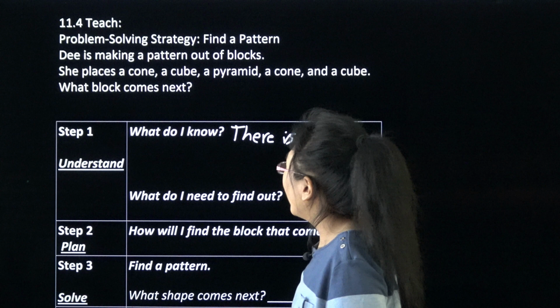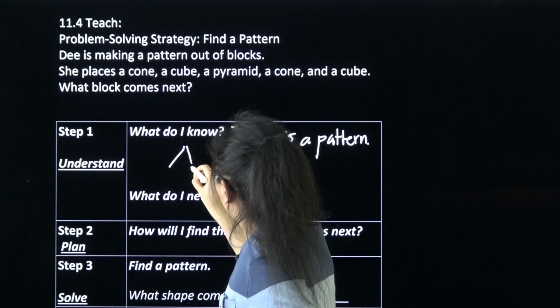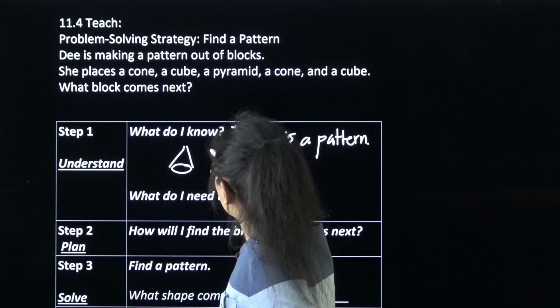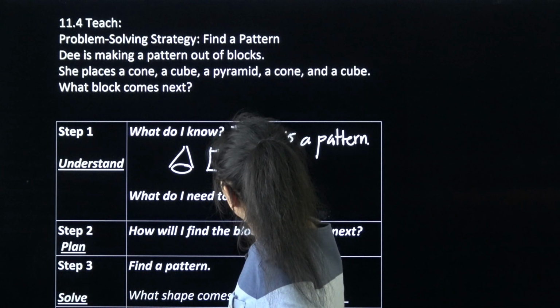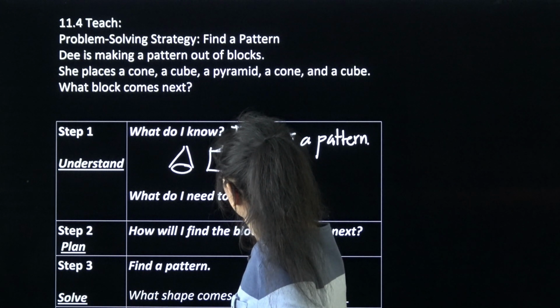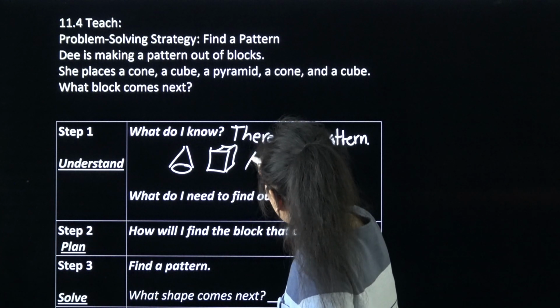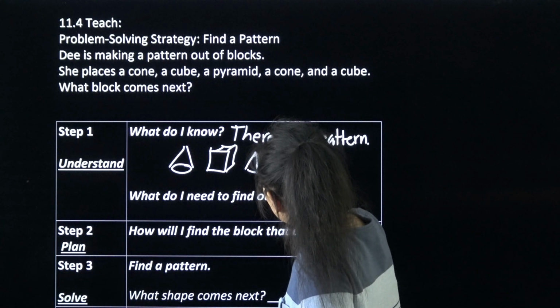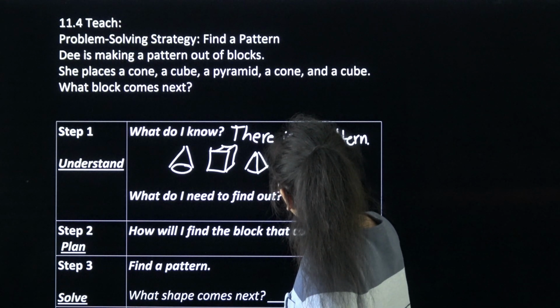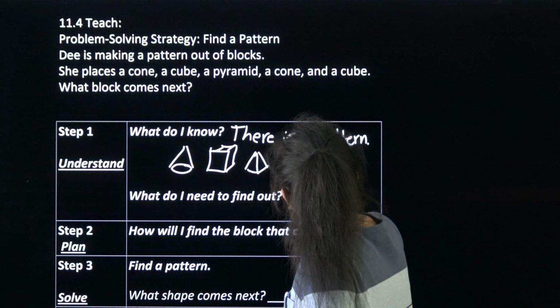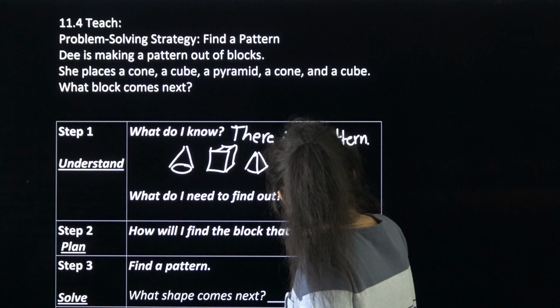And we also know that the pattern is a cone, a cube, a pyramid, a cone, and a cube so far.